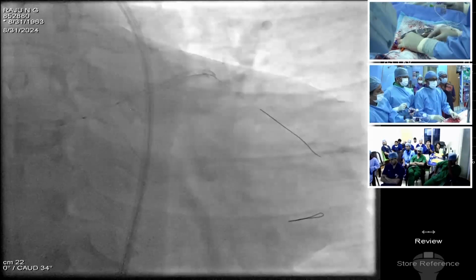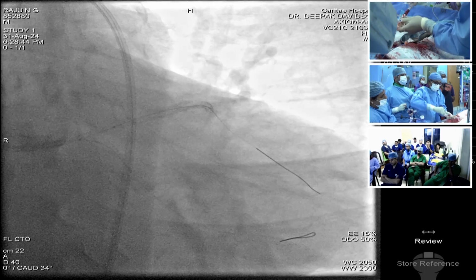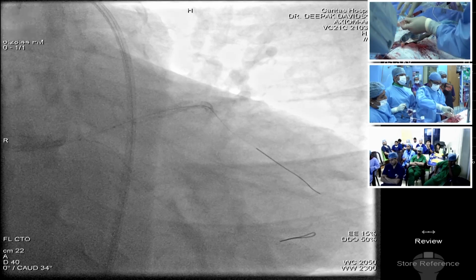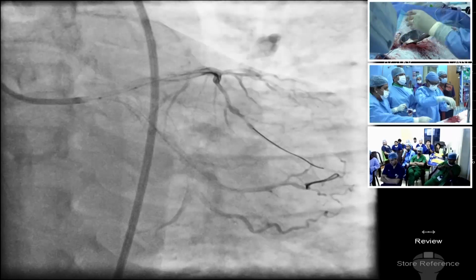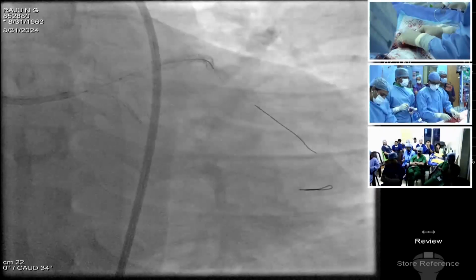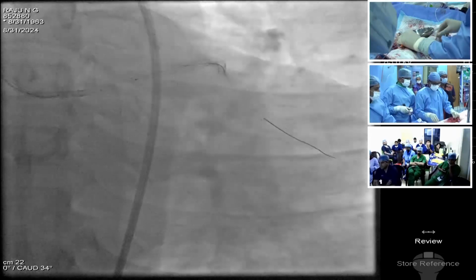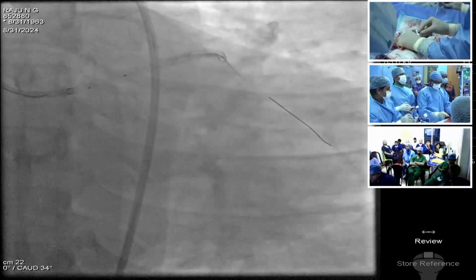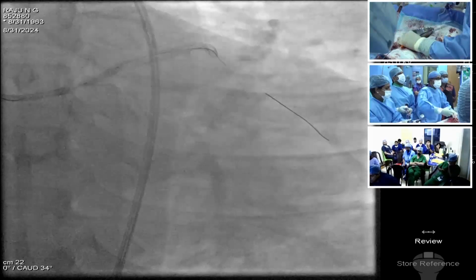Then we'll take out the wire and make sure that the circumflex is flowing well. Take out the wire from the circumflex and once again dilate it. Okay, once again crush it, 14, 16, 18. Contrast, okay. Negative.